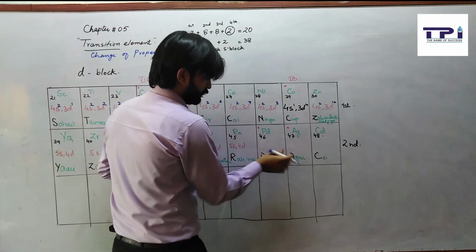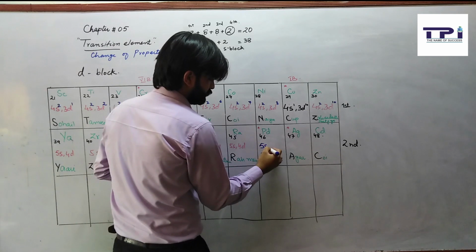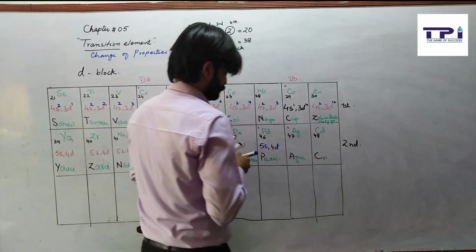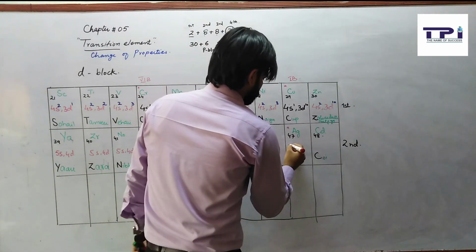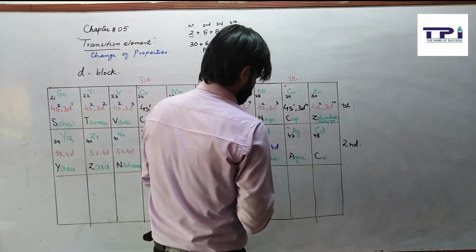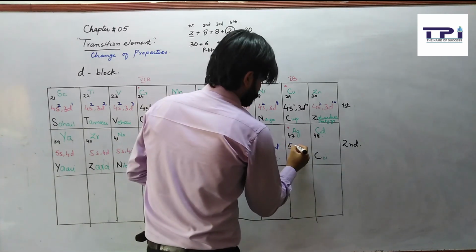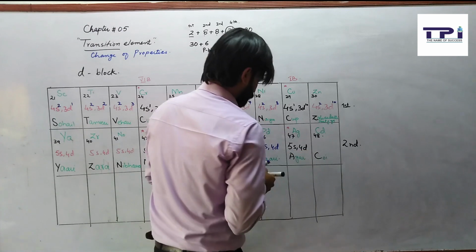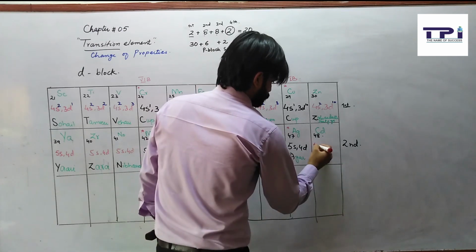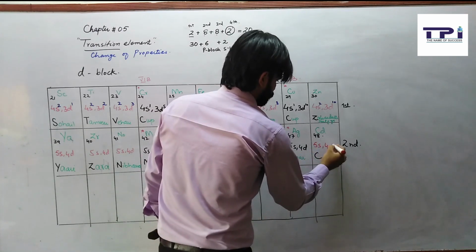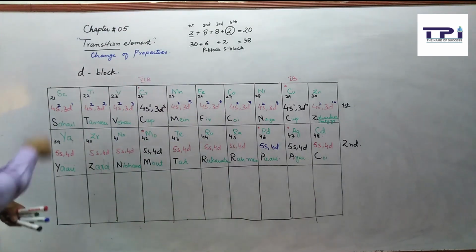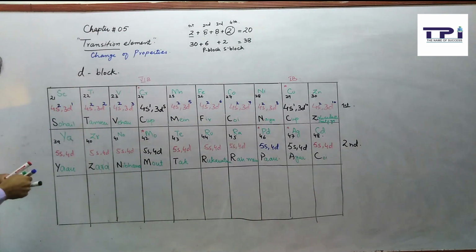This was a special one, 5s, 4d. This is also a special case. 5s, 4d, and the last one normal case, 5s, 4d. This is for group 3d.